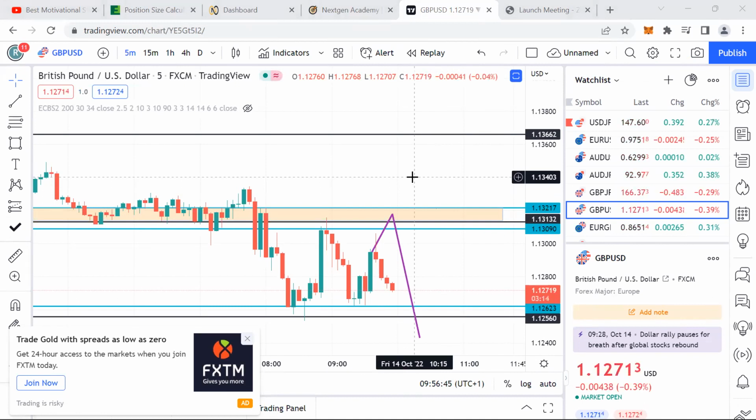All right. So is everything clear about your money management? How you measure your lot size to be sure that your lot size is correct?